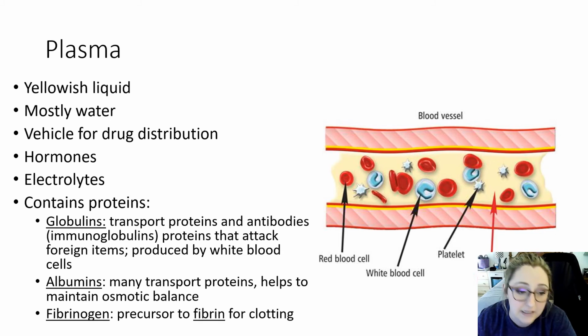Albumins, many will transport other proteins and help to maintain osmotic balance, so your water balance. Fibrinogen is a precursor to fibrin, and the purpose of it is for clotting. So if you get a tear or a break in a blood vessel, you are going to need fibrin in order to create a clot.